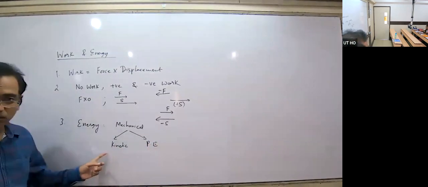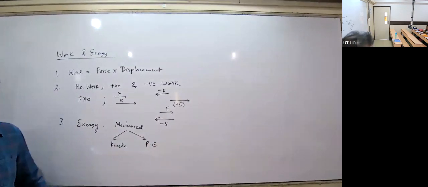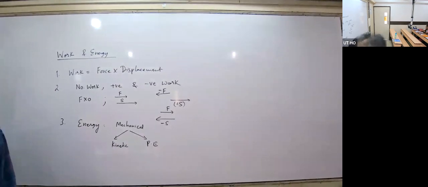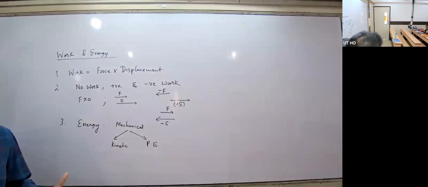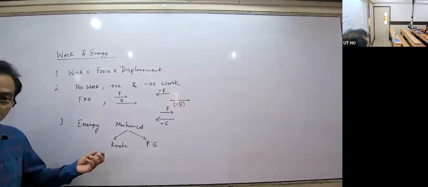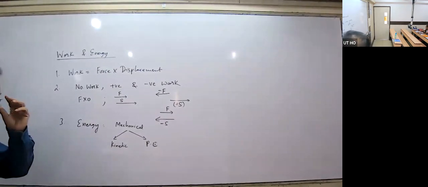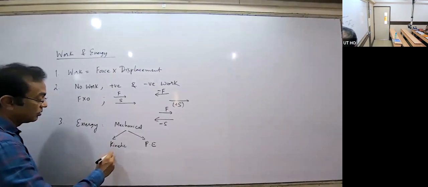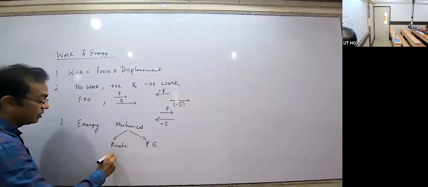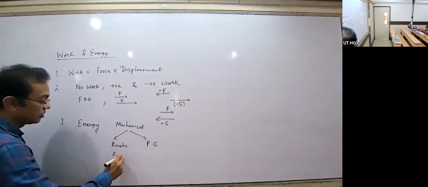So we discussed kinetic energy. What is kinetic energy? Any moving body would have kinetic energy. Any body which is in motion will have kinetic energy. Right? So what is the expression for kinetic energy?